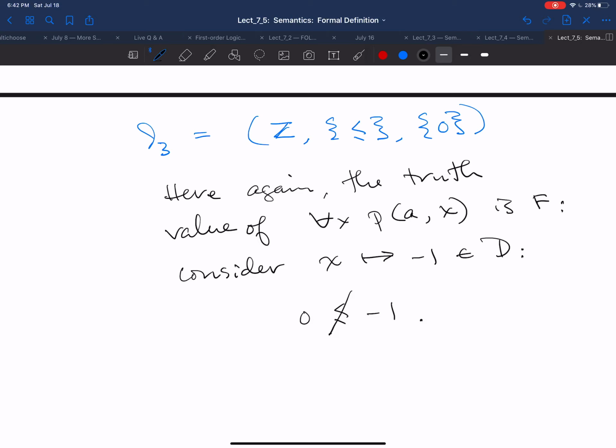So under that assignment to x, the atomic formula has the truth value f. Therefore, according to our formal definition of the semantics of the universally quantified formula, that universally quantified formula has the truth value f.